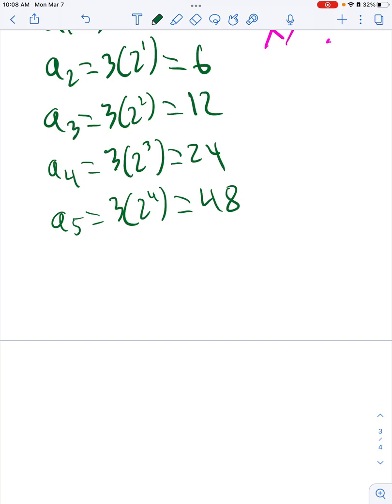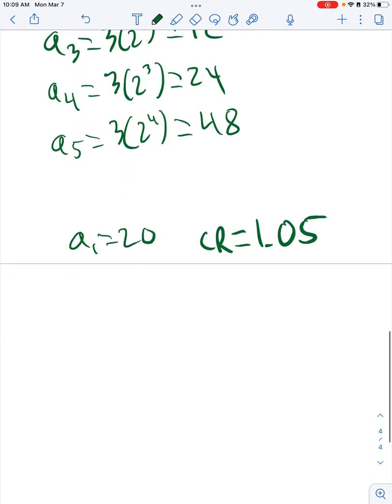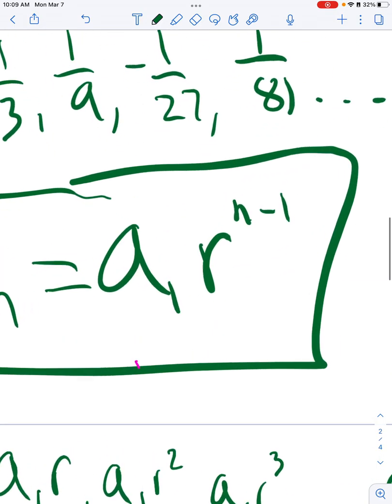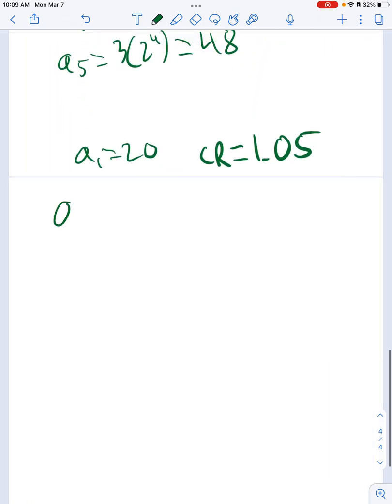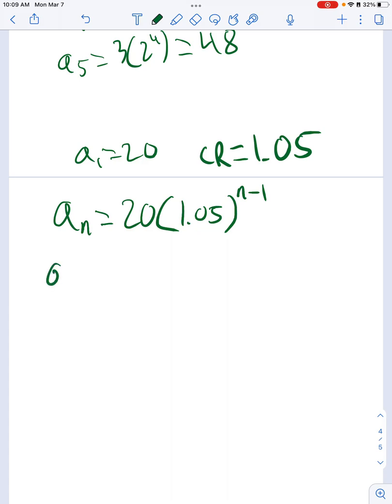Find the 15th term of a geometric sequence whose first term is 20 and whose common ratio is 1.05. So a sub 1 equals 20, and the common ratio is 1.05. Using my base formula, to find any term, a sub n equals my first term, 20, times my ratio, 1.05, to the n minus 1.